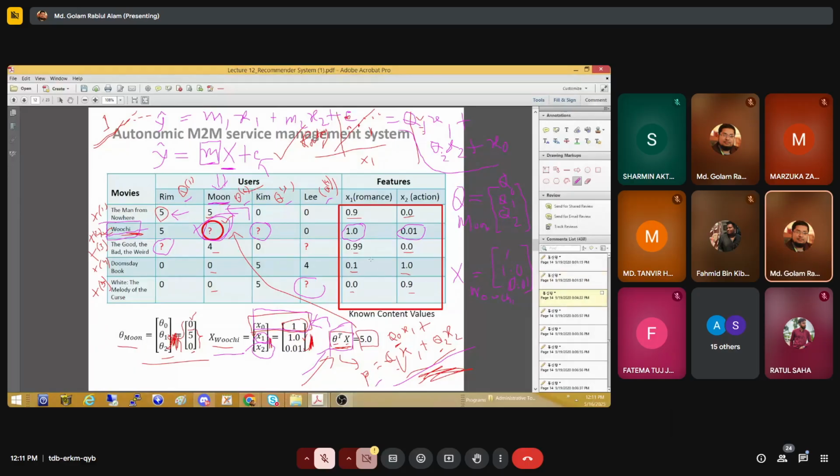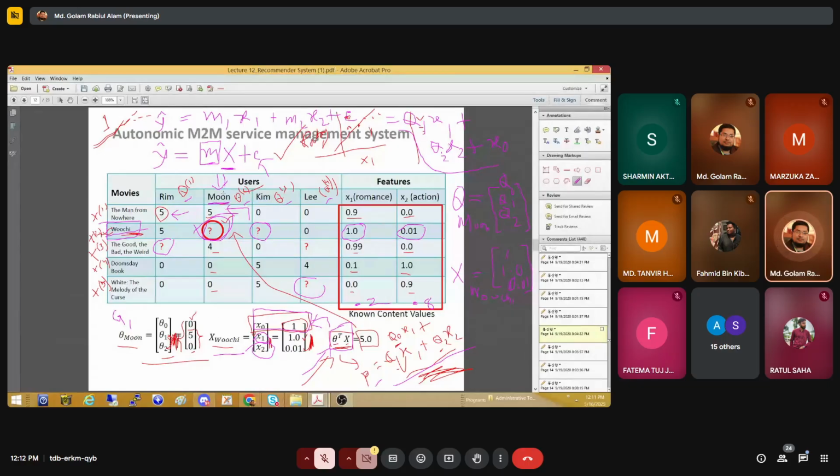Like a new movie, maybe you can say Gladiator. Okay, and we know the feature values there. Mostly that one is action, maybe 0.8, and there is also romance, 0.2. Then what will be the predicted value for that?